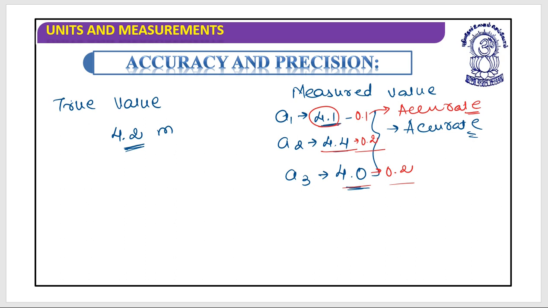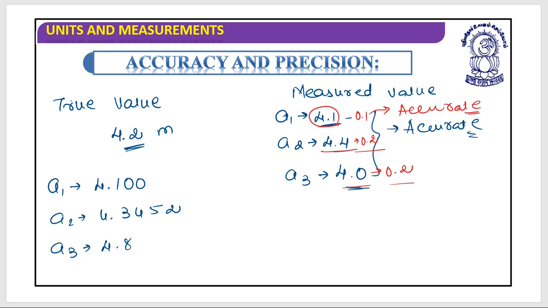Now let's say we measure again, and my first observation is 4.100. The second observation is 4.3452. Another observation tells me 4.8.